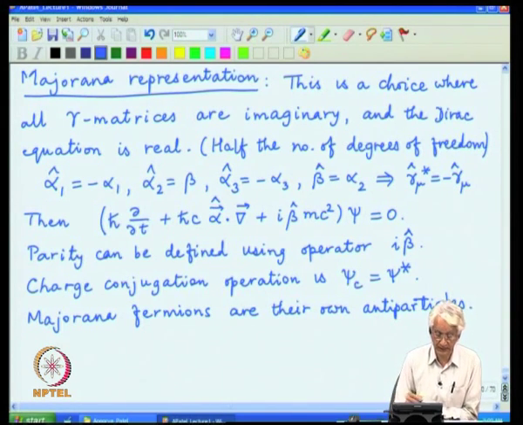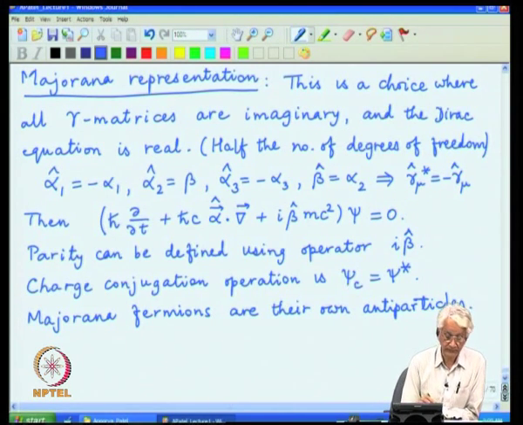Another way to look at it is to introduce the electromagnetic interaction into this Majorana structure of the Dirac equations.